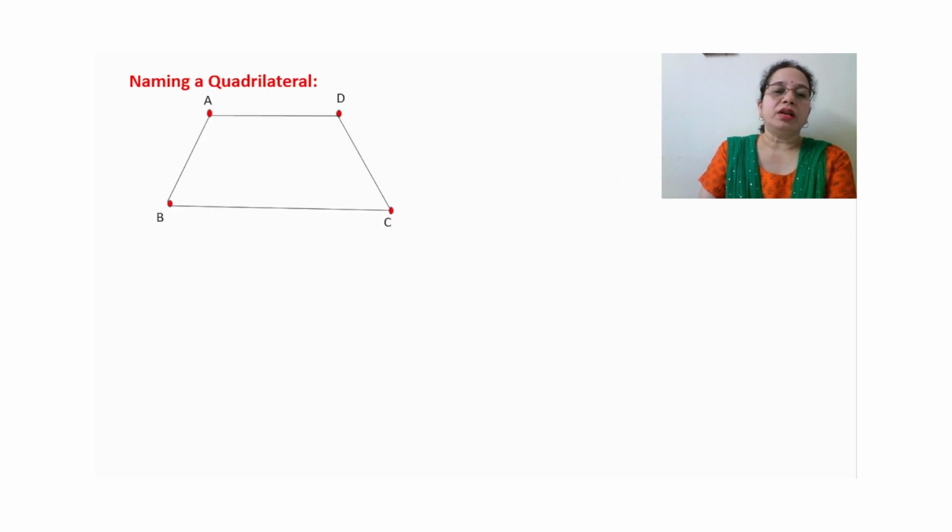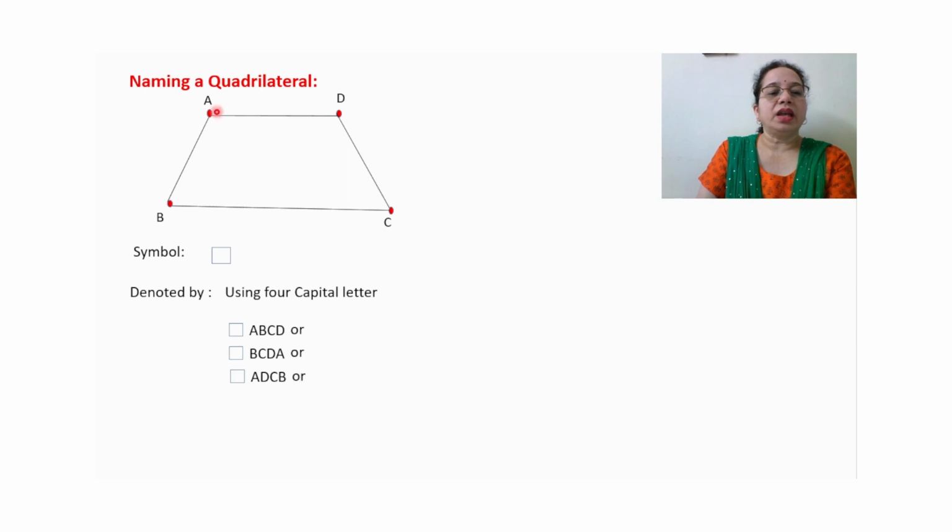Naming a quadrilateral. The symbol to represent the quadrilateral is this. It is denoted by four capital letters: ABCD, or BCDA, or ADCB. Have you observed one thing?